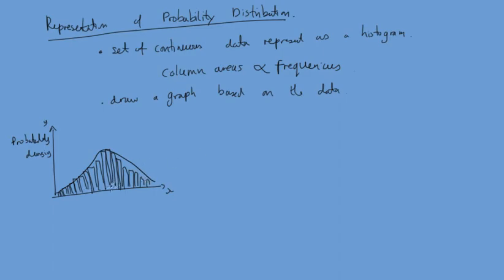Now if we change the frequency density values on the vertical axis to relative frequency density, the relative frequency density is going to be equal to the relative frequency divided by the class width.